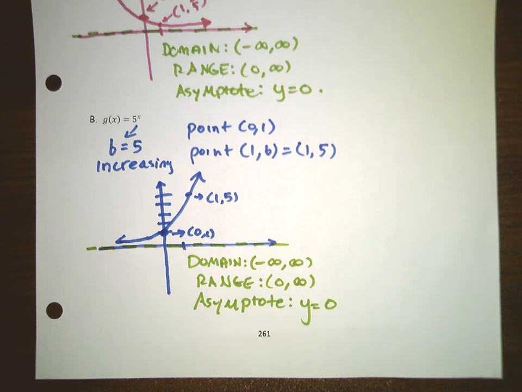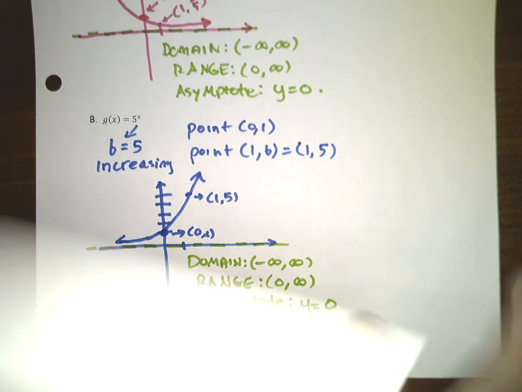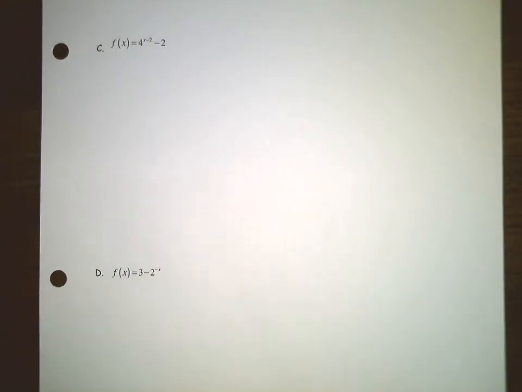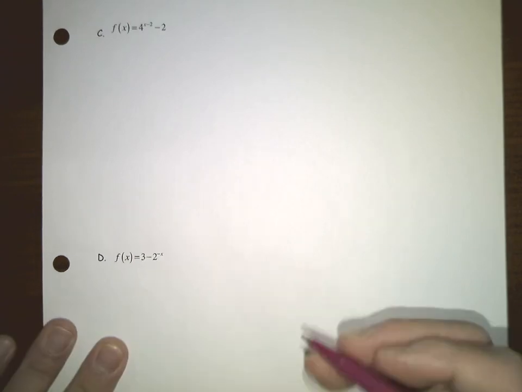So I actually have to find that page here. All right, so here we go. We have f of x is equal to 4 to the x minus 2 minus 2. So what I see here is that I have the minus 2 in the exponent.